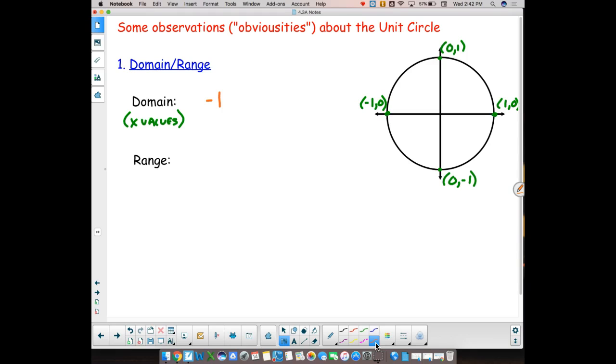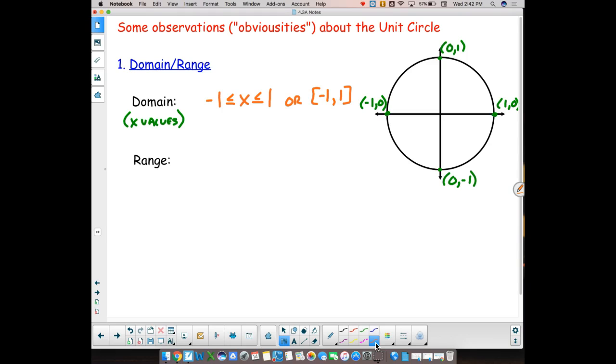Yep, I would also. So that would be negative 1 is less than or equal to x is less than or equal to positive 1 if I wrote it in inequality form. If I wrote it in interval form, I would have a bracket, negative 1 to positive 1, and yet another bracket, because we are including those values.